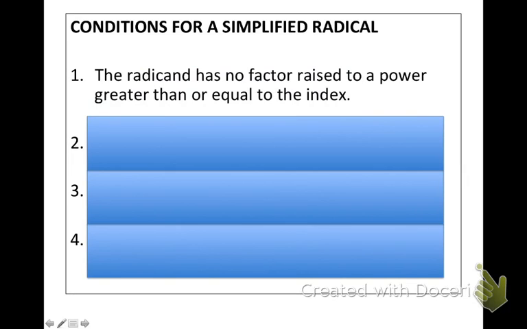simplified radical. Number 1, the radicand, remember again, that's the number underneath the radical symbol.